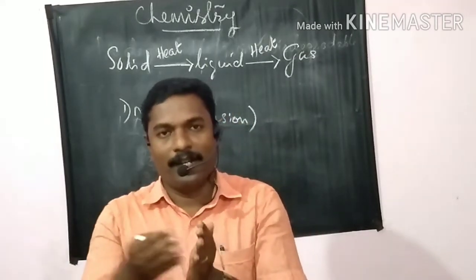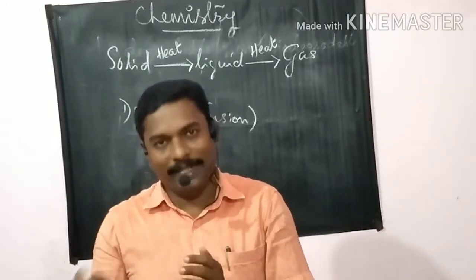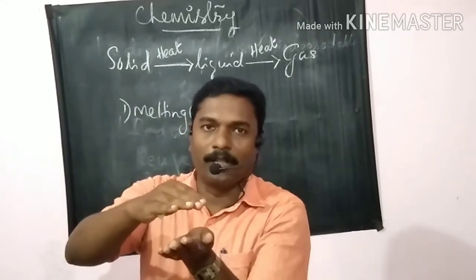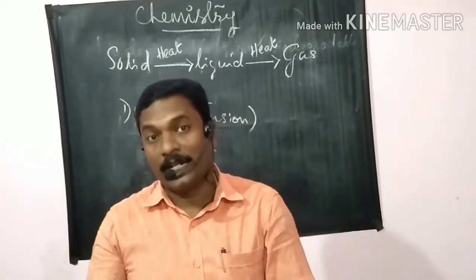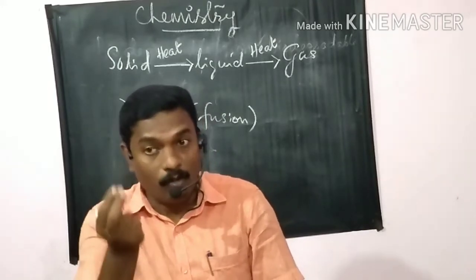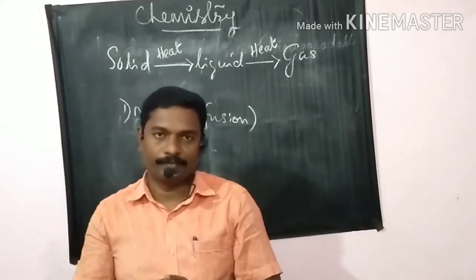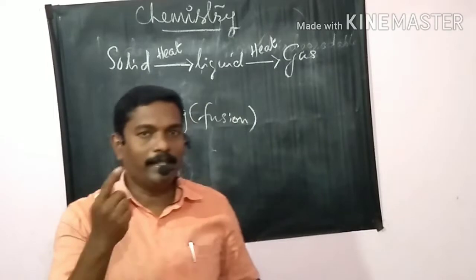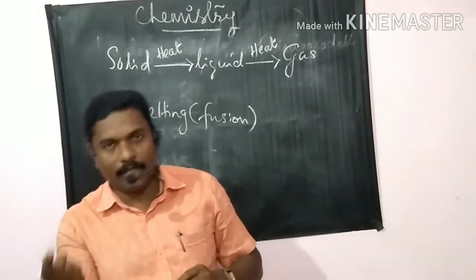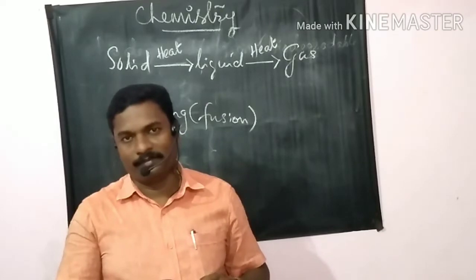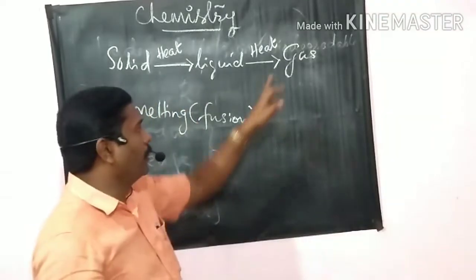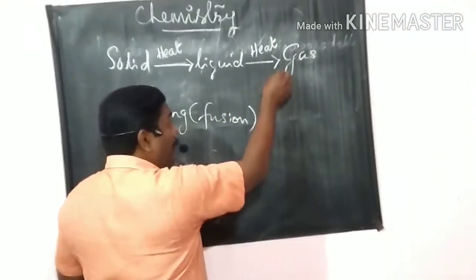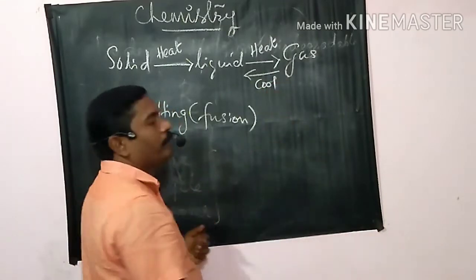Take a bottle of water and make it boil, and after boiling just close the bottle using a lid. After some time we can see some water drops under the lid, and that is what we call condensation. That is cooling of water vapor into water. So gas is converted to liquid by cooling.